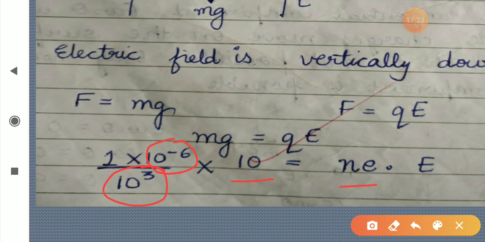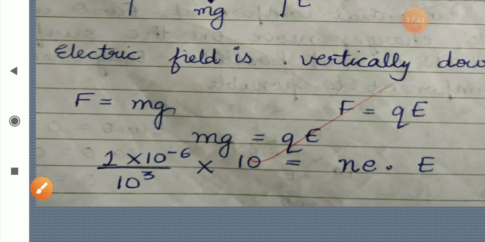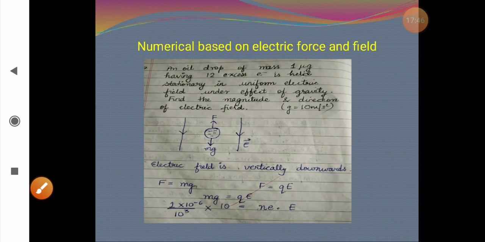Charge Q is ne, quantization condition. And we know that there are 12 electrons on it, so the value of n is 12, right? Now solving this, we know the value of n and we also know the value of e, charge on each electron. So we can put their values and we can find out the value of electric field.